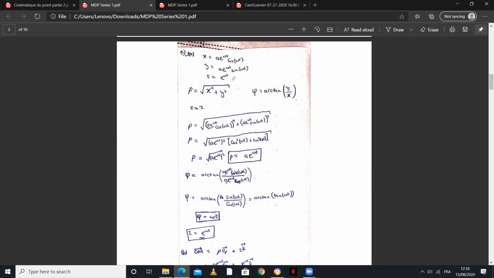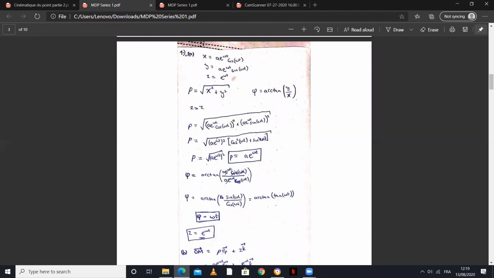When you square this, you have A exponential omega t, le tout au carré, cosinus squared, plus A exponential omega t squared sinus squared omega t. So we know that A exponential omega t is a common term. It's common there and it's common there, so we can factor it out. And this is what I did here.